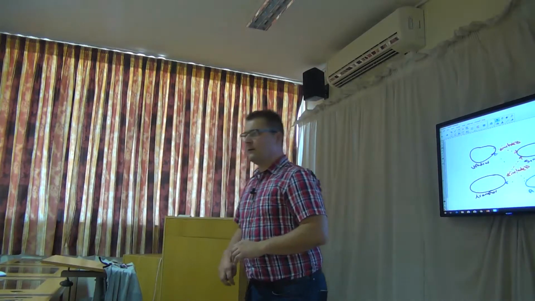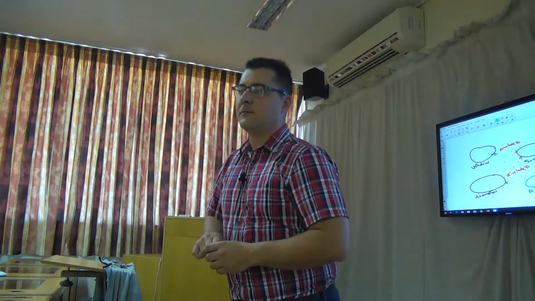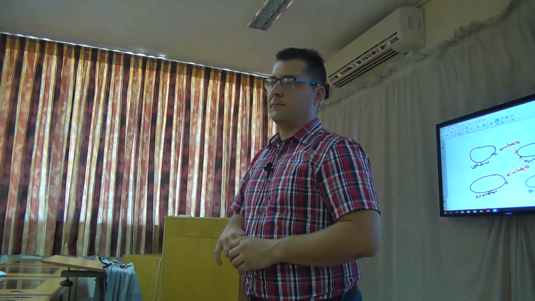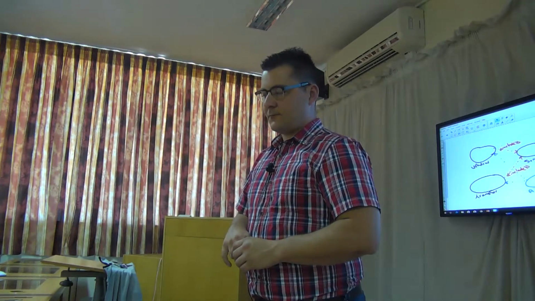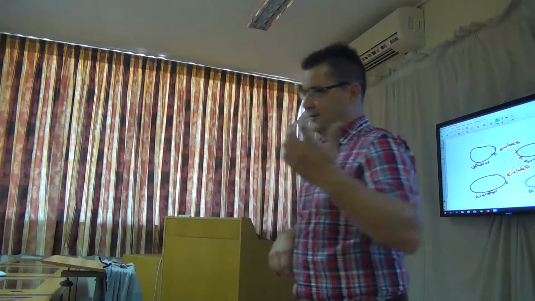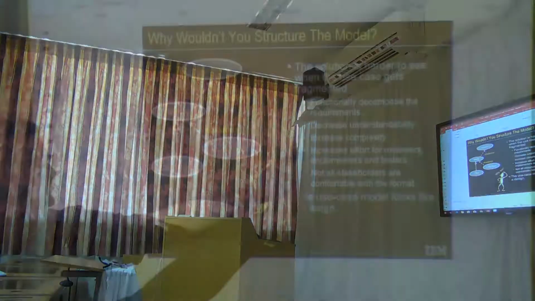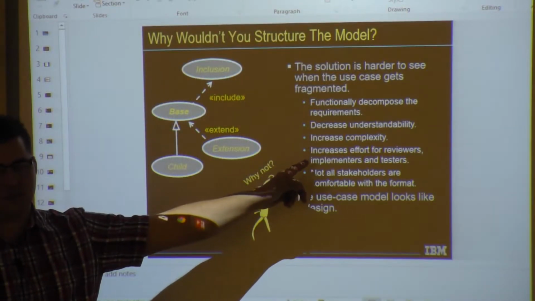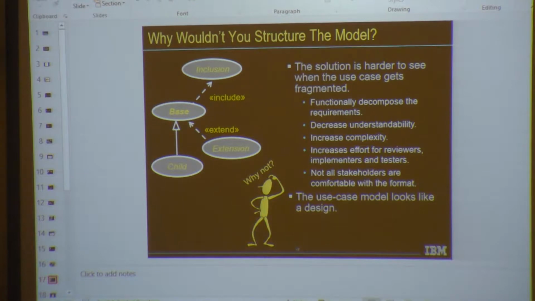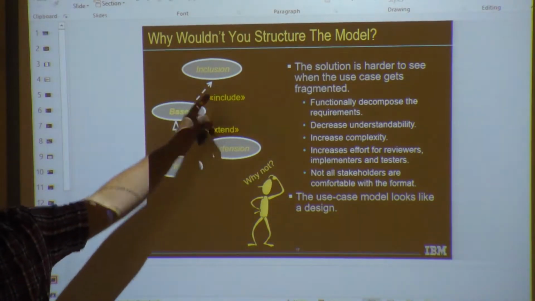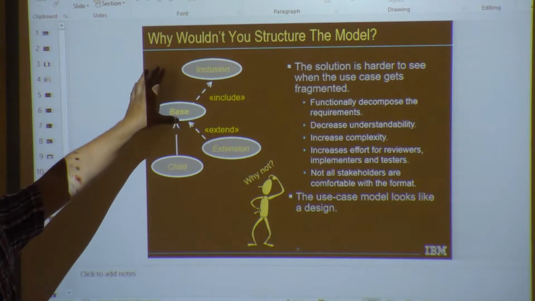Can this increase complexity, to exclude and include things all over the place? Yes, that's why if we go back to this, it says it decreases understandability and can increase the complexity. But if you've done this for the second or third version of the system, it helps you to decide how you are going to use your extends and includes, because that initial use case is there.